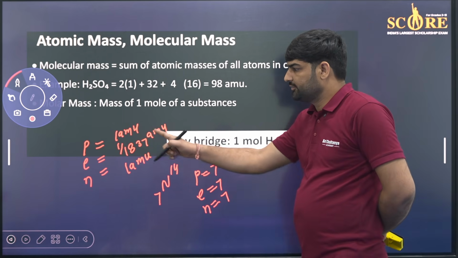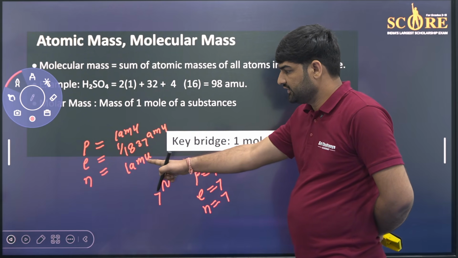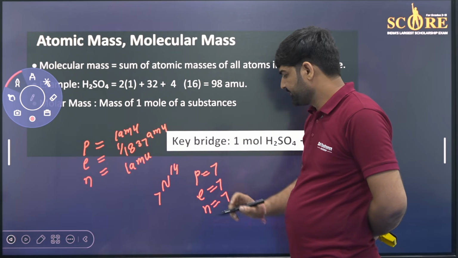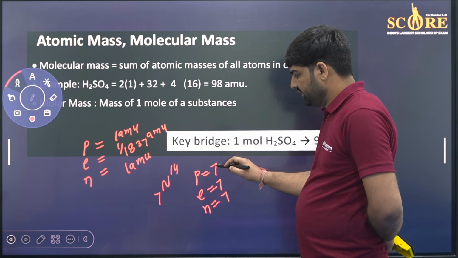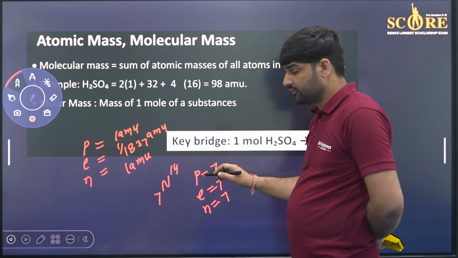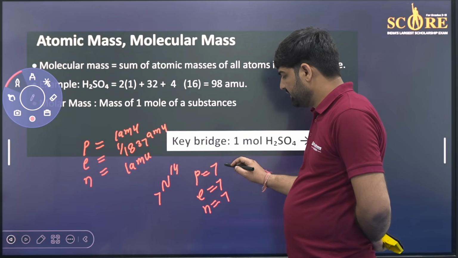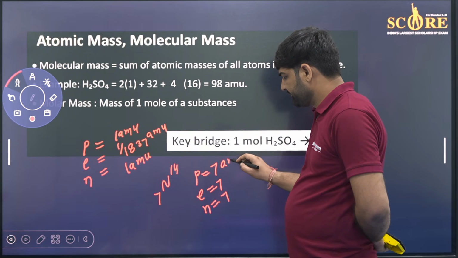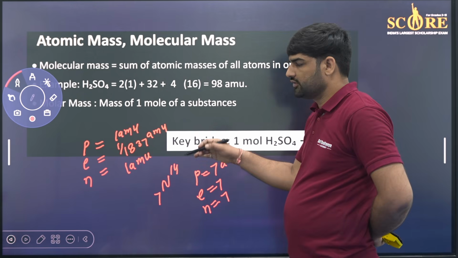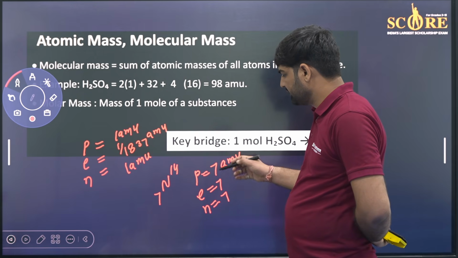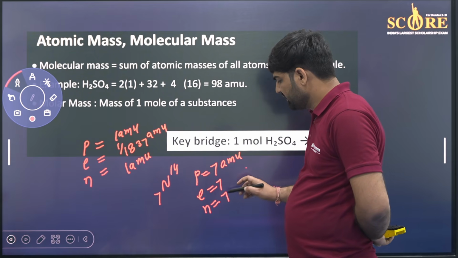We know the mass of a proton is 1 amu, the mass of a neutron is 1 amu, and the mass of an electron is this. If we calculate the mass of all 7 protons, that will be 7 amu, because 1 proton has a mass of 1 amu.